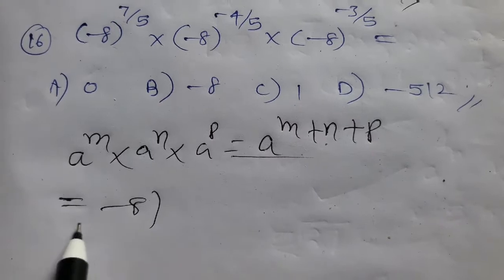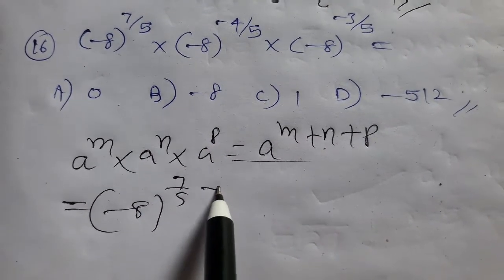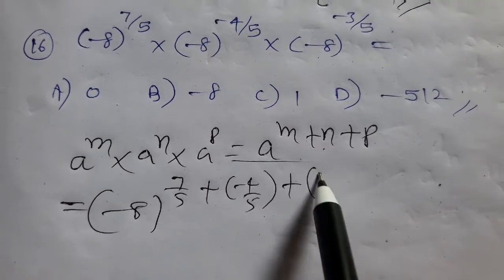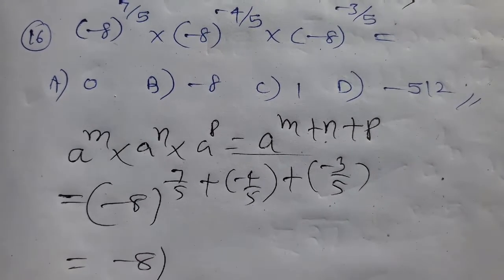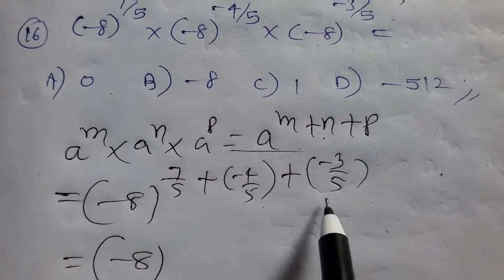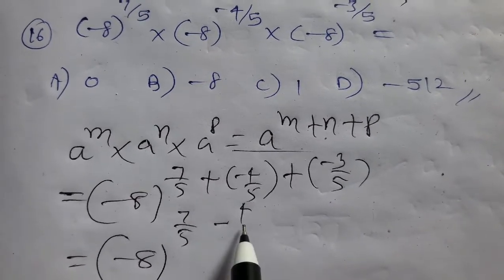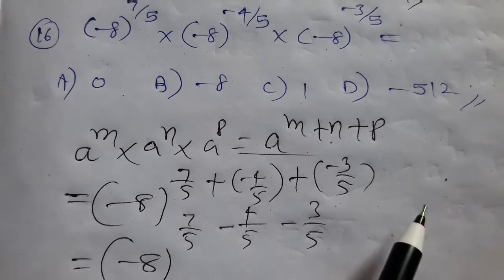That means minus 8 whole power 7 by 5 plus minus 4 by 5 plus minus 3 by 5.